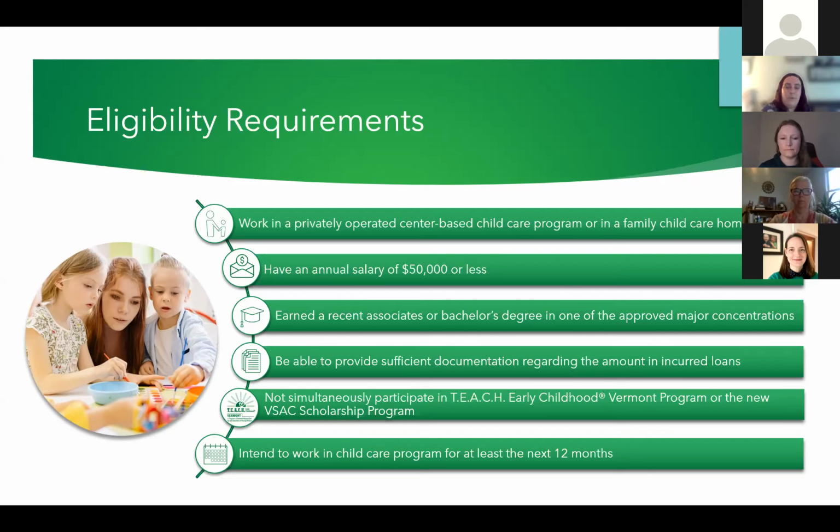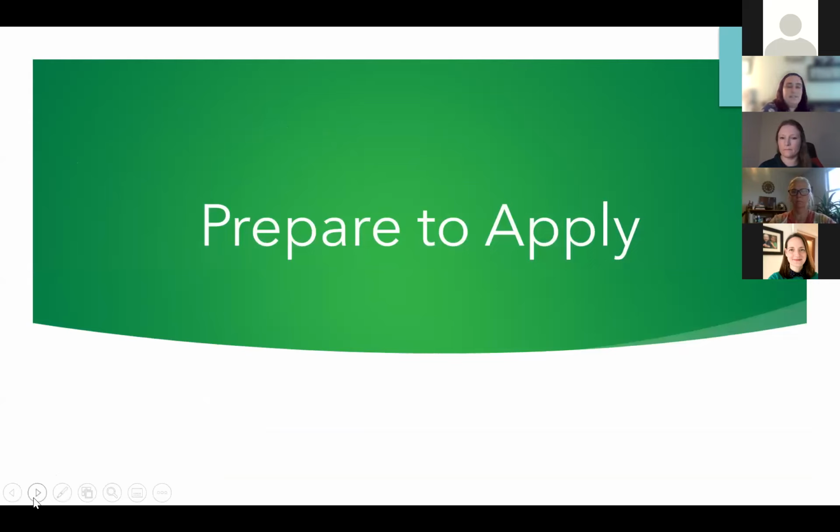And we will review those requirements later on, what that documentation looks like. So these next 2 parts of this presentation are all about the steps you're going to take before you actually go to the online portal and start applying.